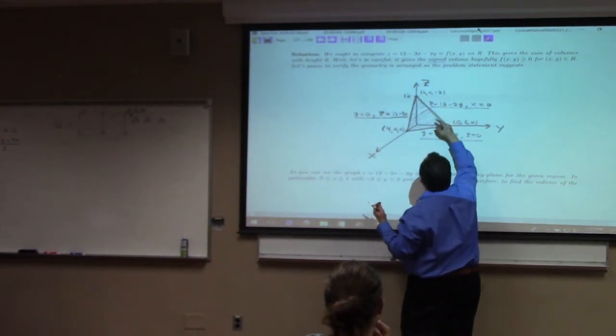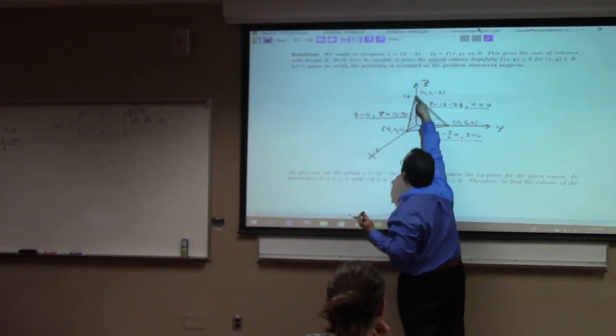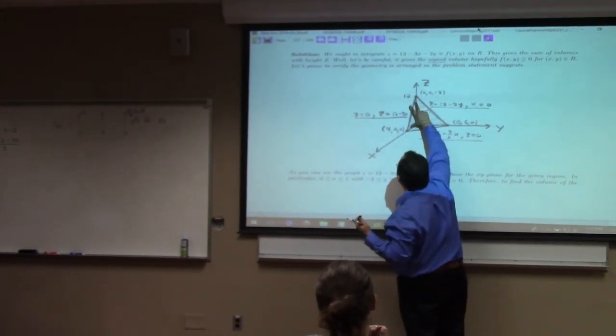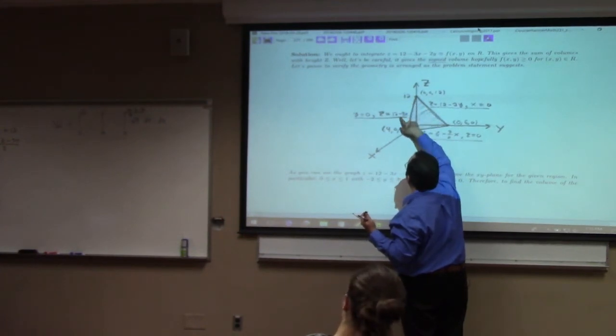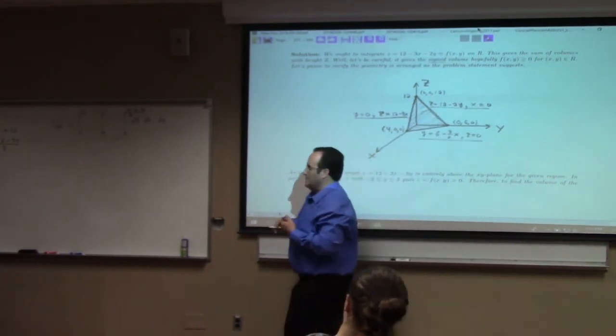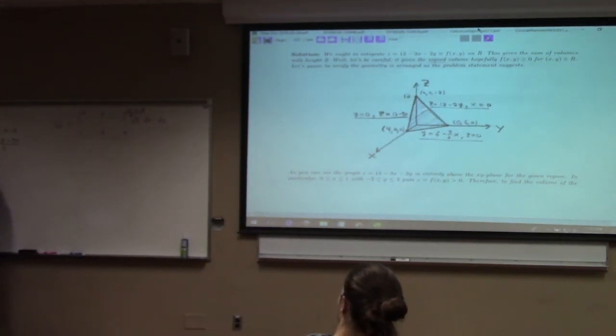I should be thinking about this as my next cut. This line right here has z equals 12 minus 3x. So for y equals 0, we get z equals 12 minus 3x.